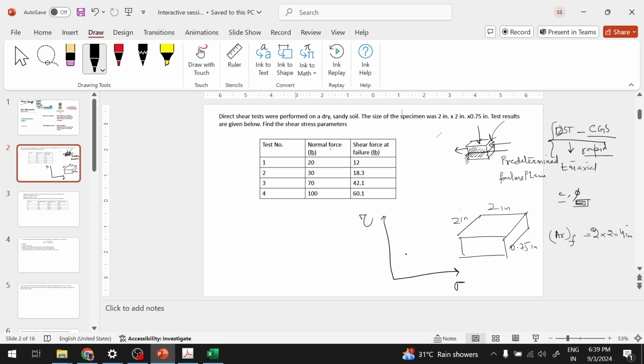Then we plot the points. At a given normal stress, what is the shear stress at failure? And we get an envelope kind of thing, isn't it? Isn't that what we get?